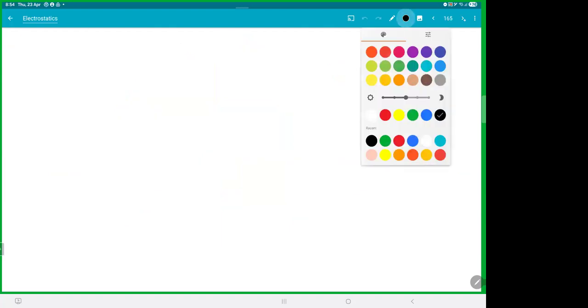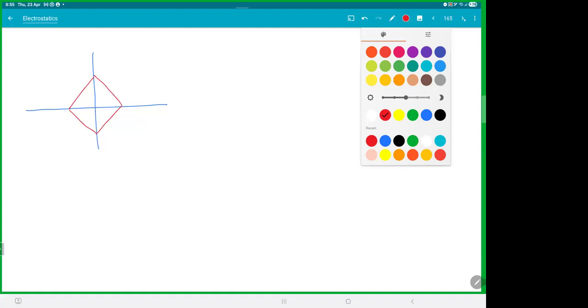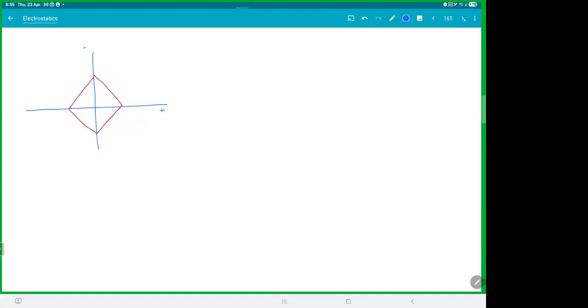Now, if you draw the field lines, first just let's draw the field lines. And this is how it looks. The field lines will look like this. They actually form rhombuses. Remember, this was a positive plate. This was a negative plate.